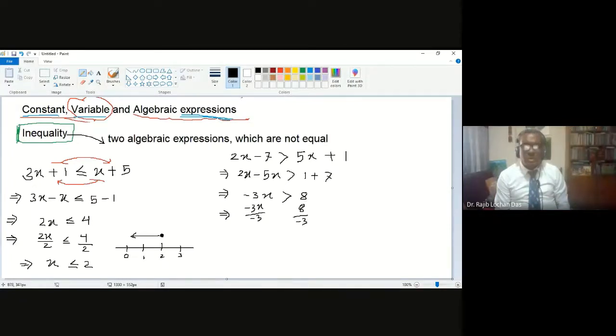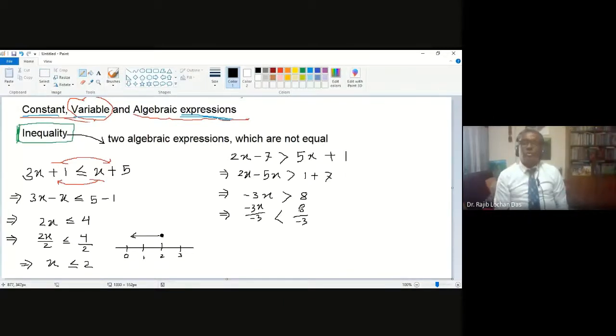Both sides we are dividing by minus 3. So when we divide by a minus number in this inequality, the relationship will be opposite. That means the greater than will be less than now, and less than will be greater than.